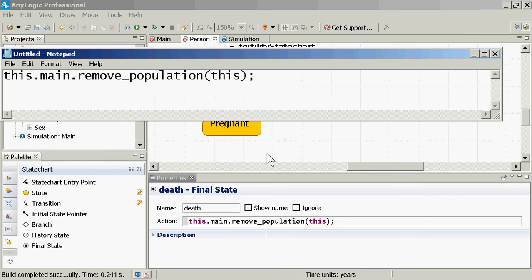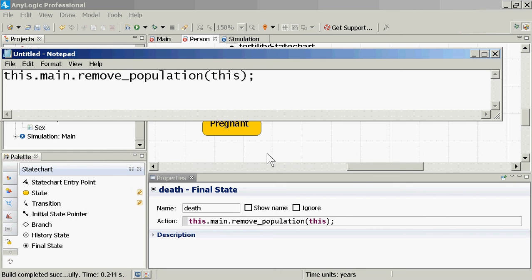Okay? Why would you do it this way, adding a final state to the state chart, versus, say, adding another event, mortality? That's a very good question. I could see reasons for doing it either way. Visually, having that shown as a final state connotes that it's an entrapping state.